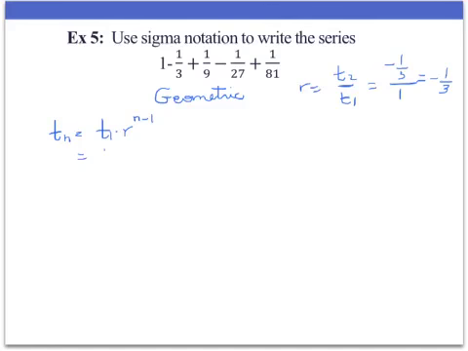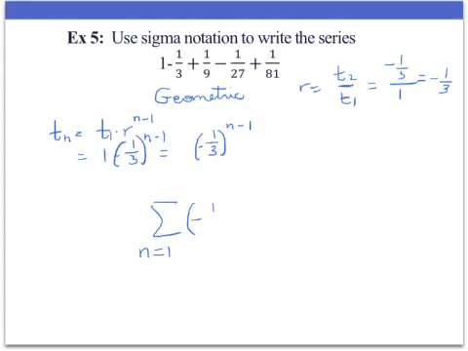And my first term is 1. My ratio is negative 1/3, n minus 1. So my nth term formula is negative 1/3 to the n minus 1. Keep the parentheses. You need to keep the parentheses for the whole thing. So we're going to set up our sigma. You always start at 1. Write your nth term formula down. And then what goes on top is how many terms you have, and I'm counting 5. And so this is where we stop.